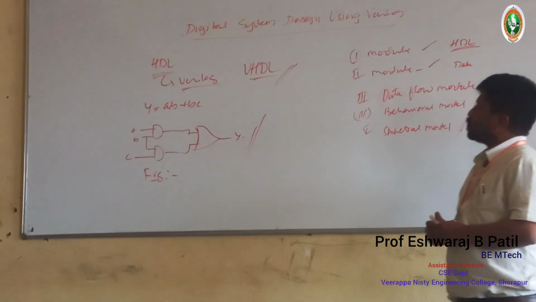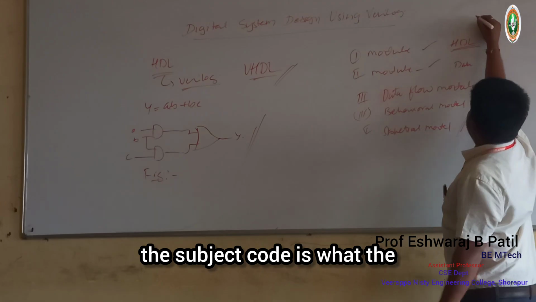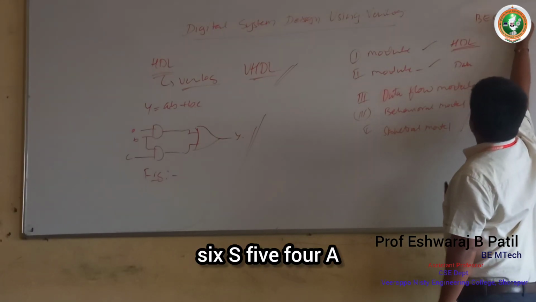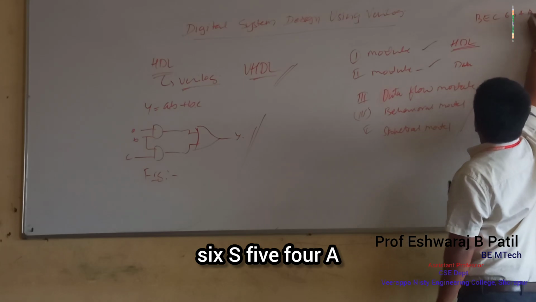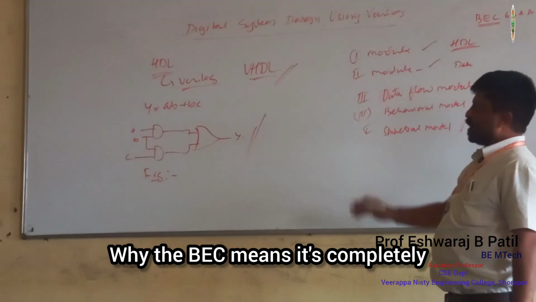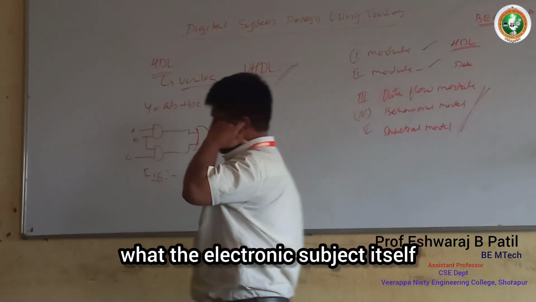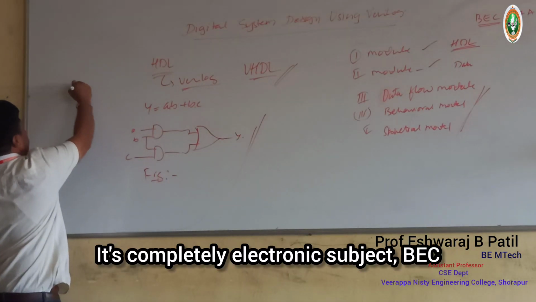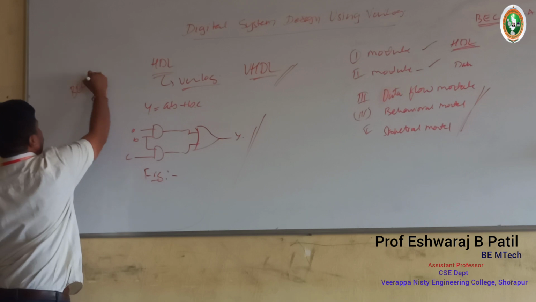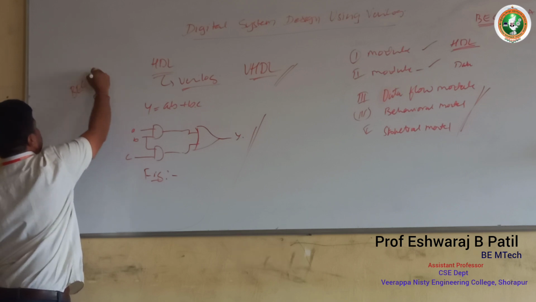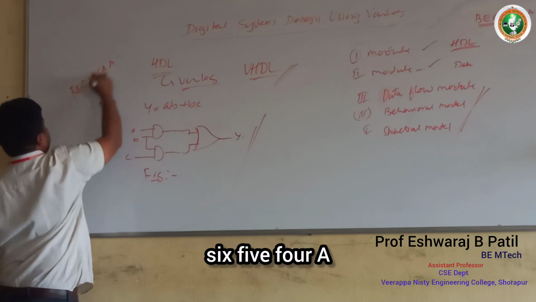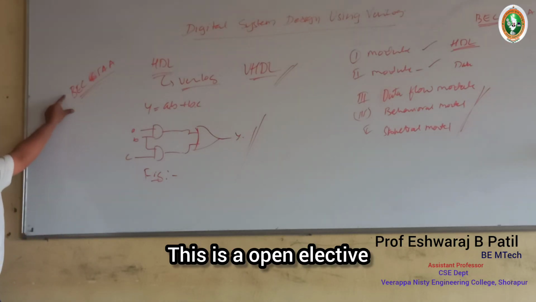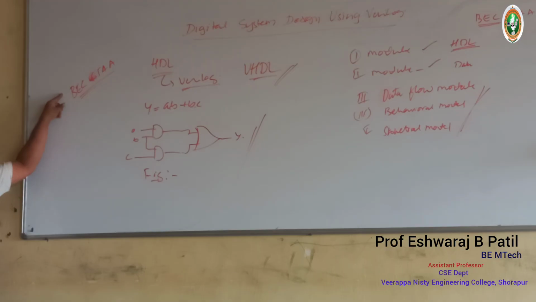Here the subject code is BEC654A. BEC means it is completely an electronics subject. It is the open elective, not for your CS branch.